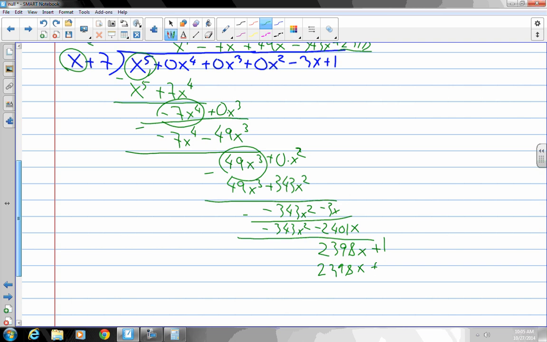Yeah, all right. 16786. So you subtract, you get negative 16785. Whatever on earth that is, that's our remainder. Got kind of ugly, out of hand.